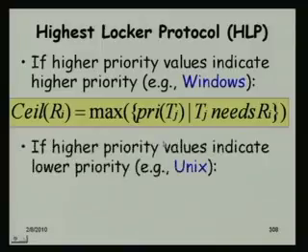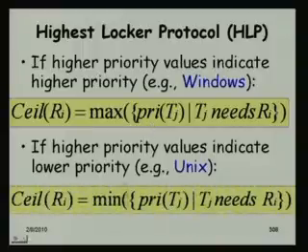But one thing we need to remember is that for Windows, higher priority values indicate higher priorities, whereas in Unix it is just the other way around. Lower priority values like 2 are higher priority than 8, whereas here 8 will be higher priority than 2. So, let us remember that conventions are different for different operating systems, and we need to appropriately select the priority value.